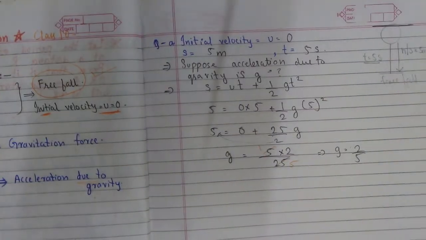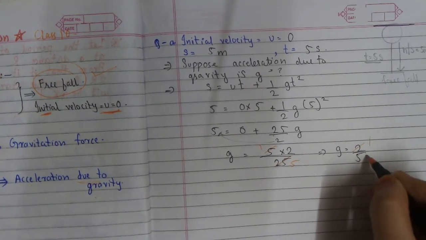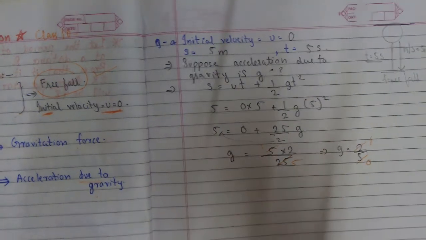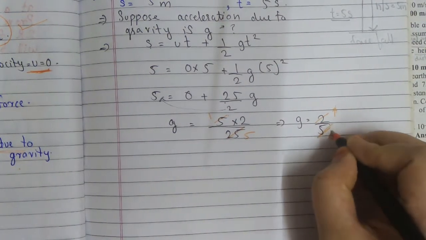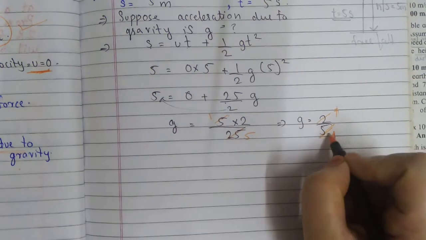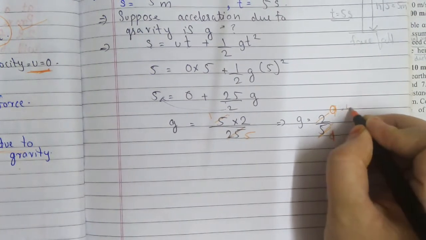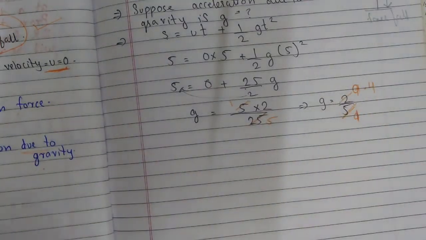Now again it can be divided, 2 by 5. 2 ones are 2, and 5 is there. So this will be 5 ones are 5, and we know 5 fours are 20, so here it will be 0.4.